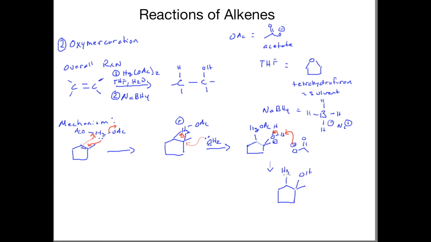But we still have the mercury to deal with. And so the next reagent that is added, which is why this is, by the way, listed as number 2, we let this reaction happen first, and then subsequently we add in the next reagent. And the next reagent basically gets rid of the mercury and replaces it with a hydrogen.